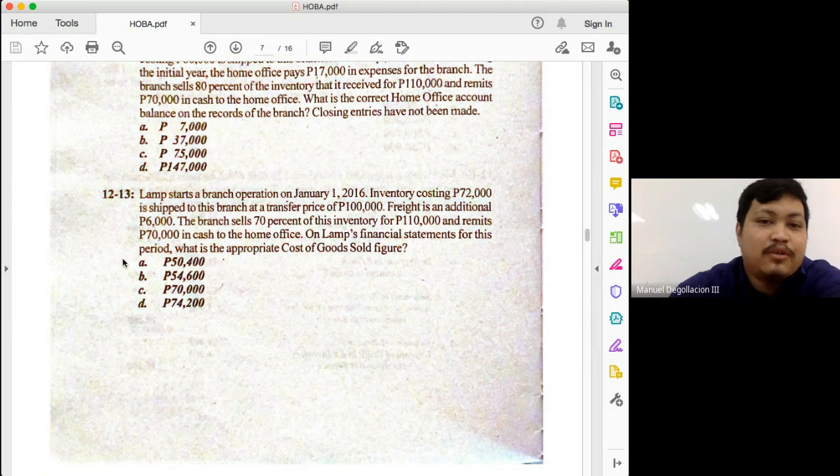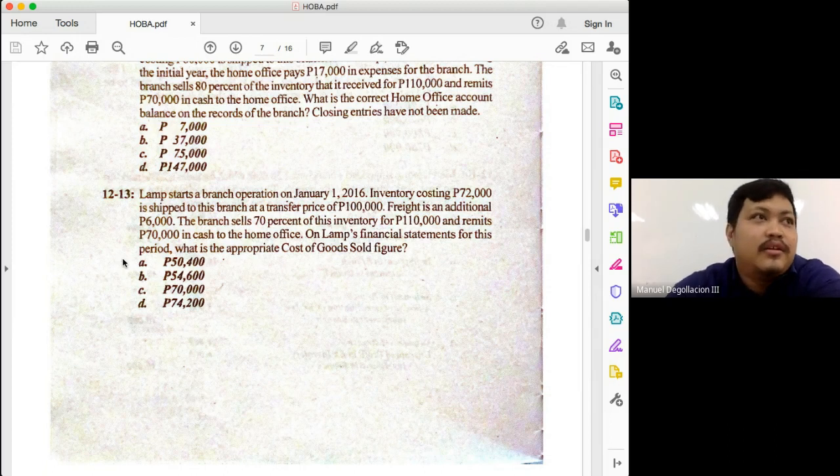Adjusted balance of the allowance for overvaluation. Answer is no one?